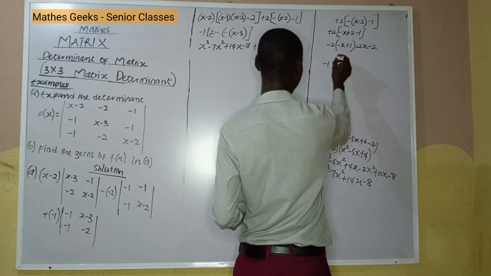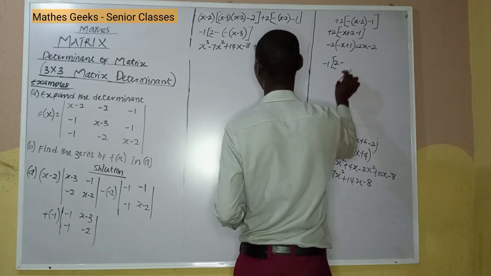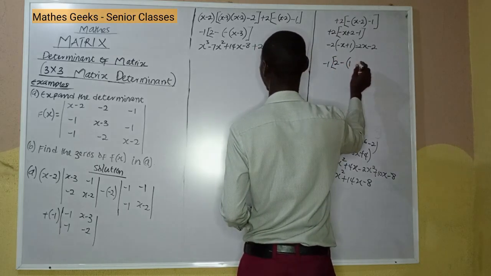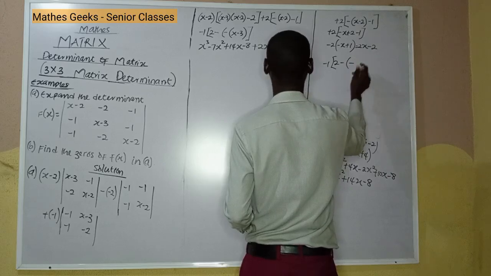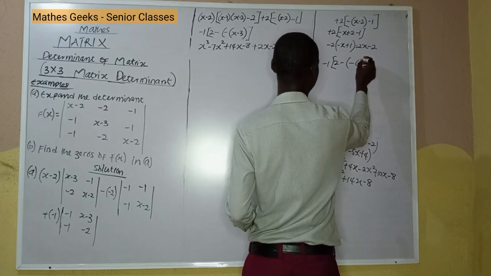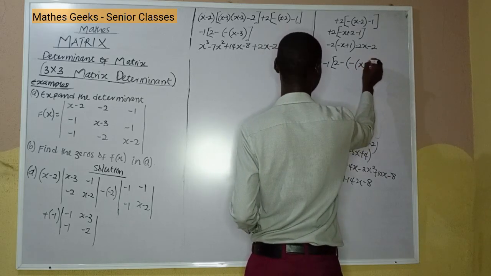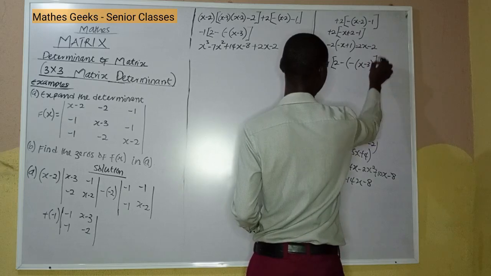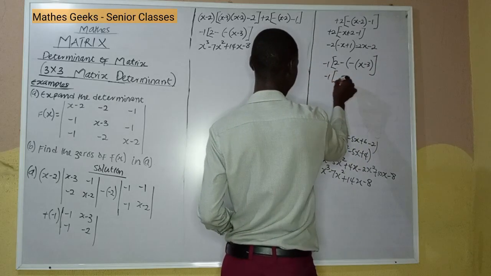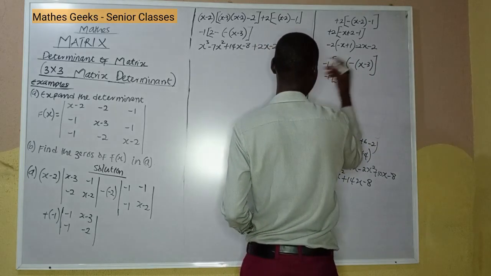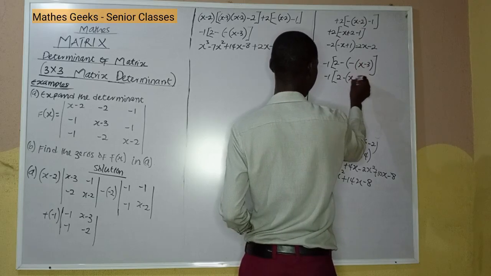So minus 1, 2 minus x minus 3, minus 1, 2, minus x plus x.